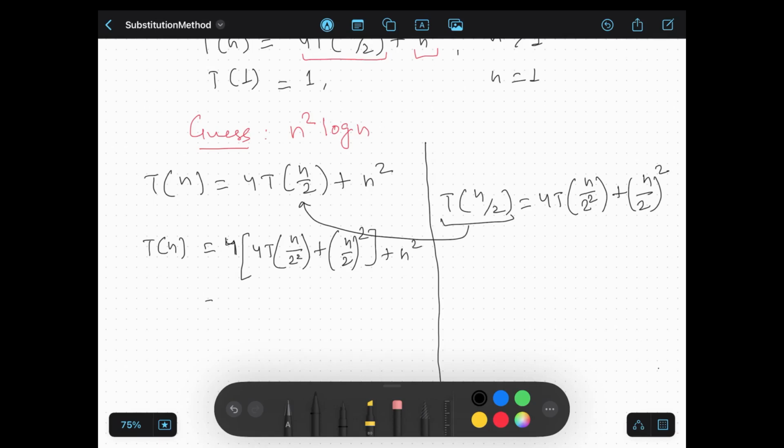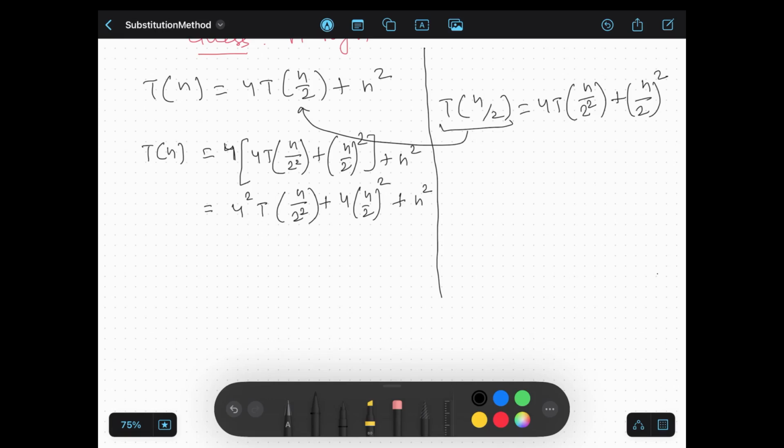And this turns out to be 4 square T of n upon 2 square plus 4 times n upon 2 square plus n square, right?